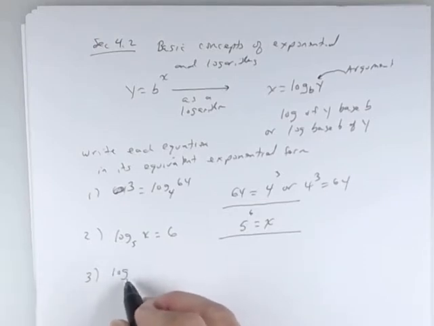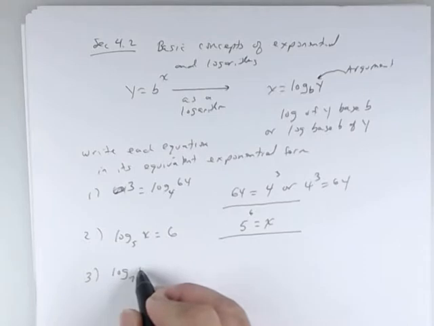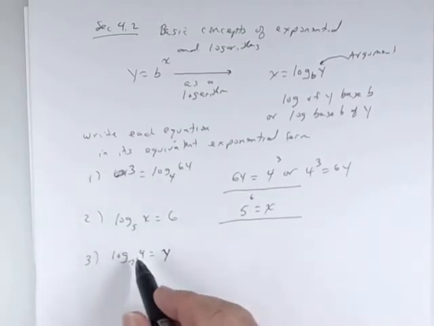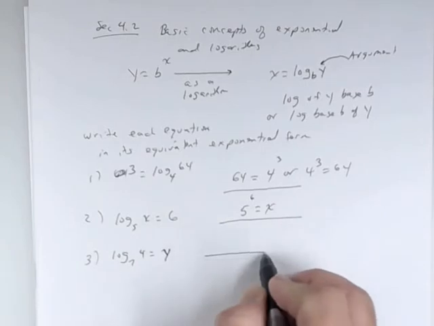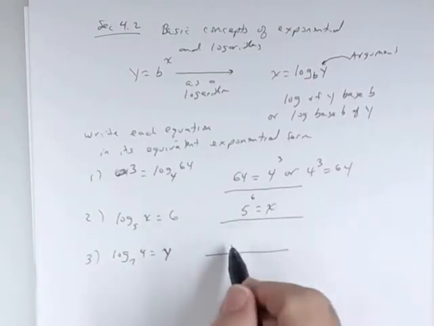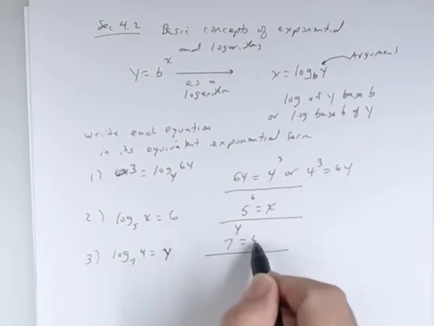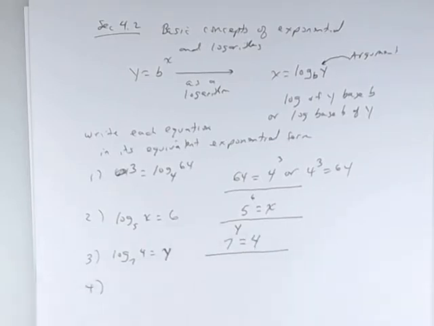Log base 7 of 4 equals, let's say, y. I just made that variable up. It could be any variable. All right, you want to go from this log equation to an exponential. Okay, 4.